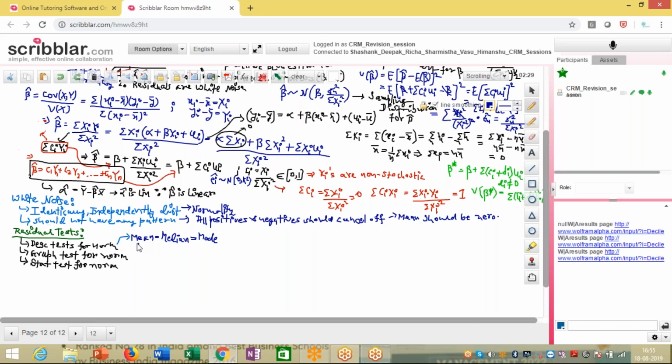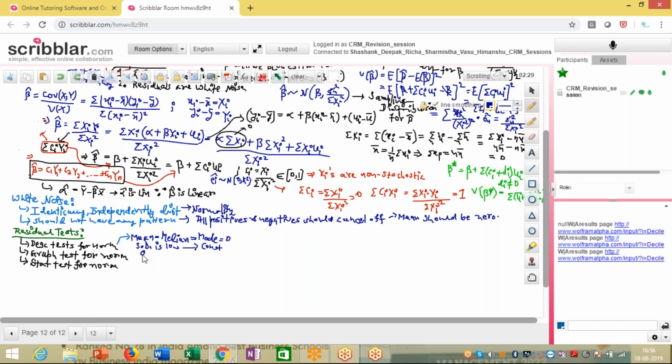The next thing is that the standard deviation is low, so the overall dispersion is low. And we also need to check that the dispersion, or the standard deviation, is constant, and the mean equals median equals mode is equal to 0.